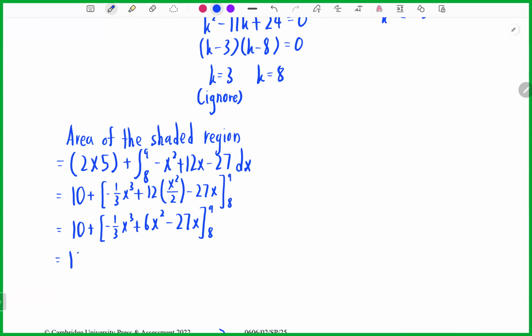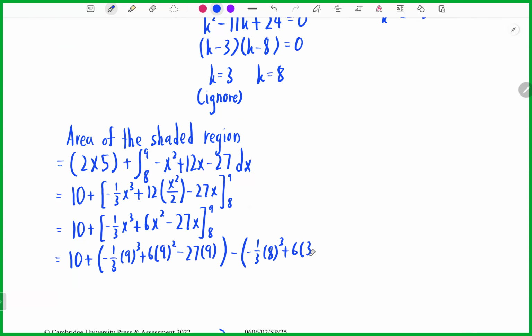So this equals 10 plus the bracket negative 1 over 3 times 9 cubed plus 6 times 9 squared minus 27 times 9, and then minus negative 1 over 3 times 8 cubed plus 6 times 8 squared minus 27 times 8. So the first bracket gives zero, and then minus the second bracket, which equals negative 8 over 3.